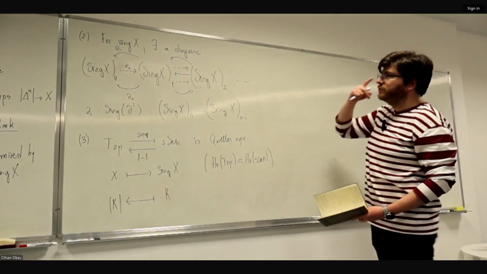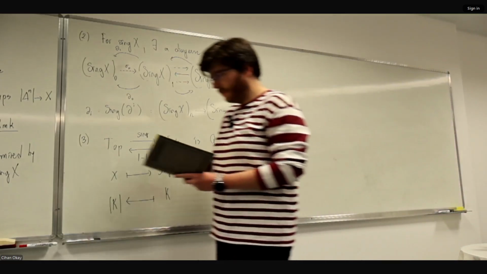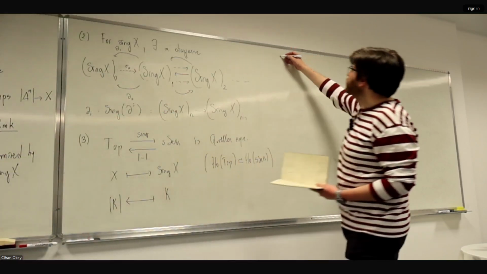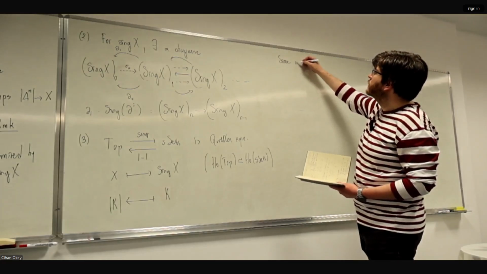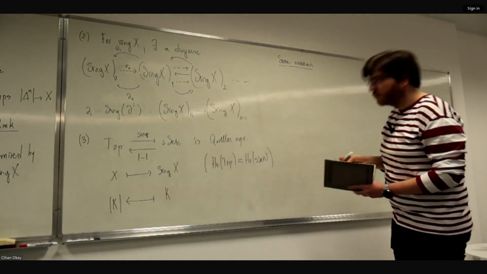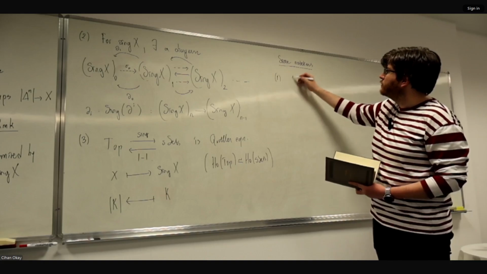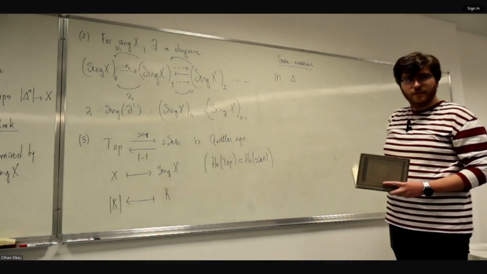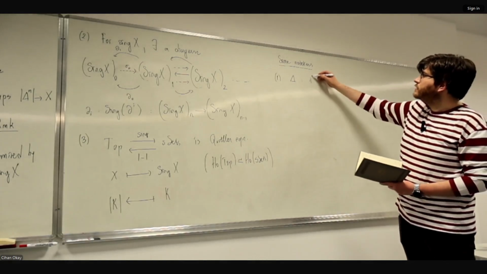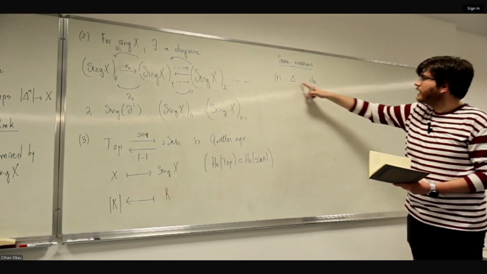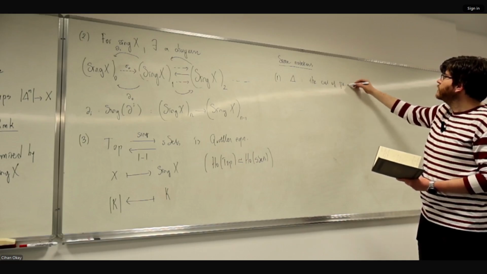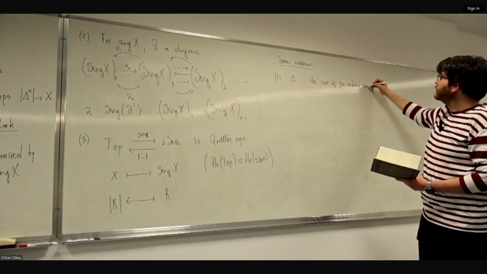So more notation. Let me remind you of other possible notations which will be useful soon. First of all, this delta is a very particular category: we denote by delta the category of finite ordered sets.